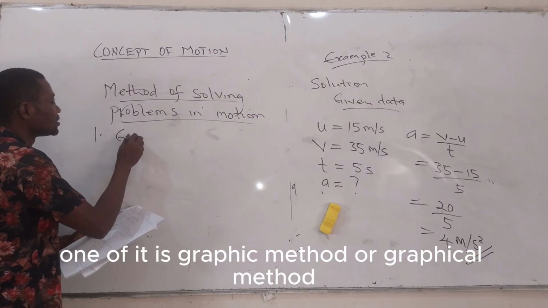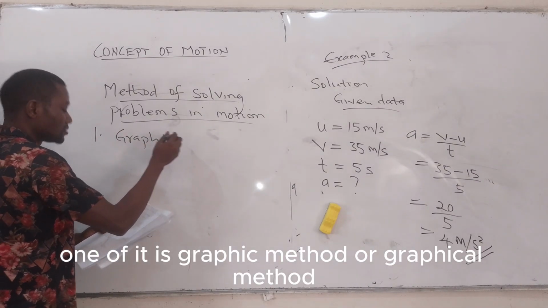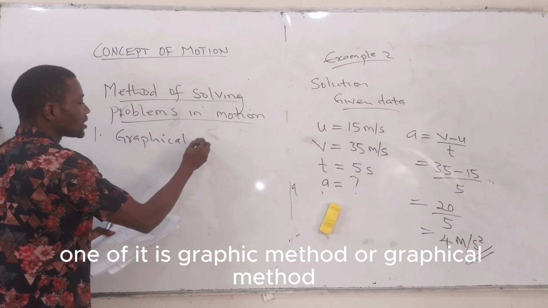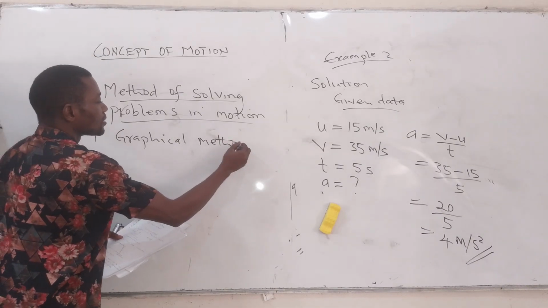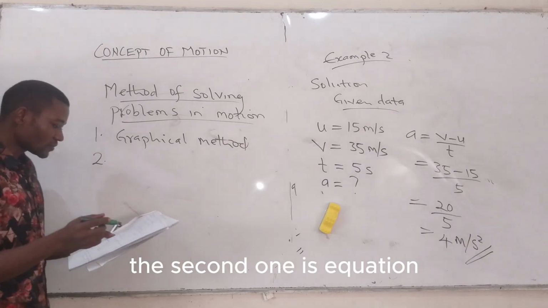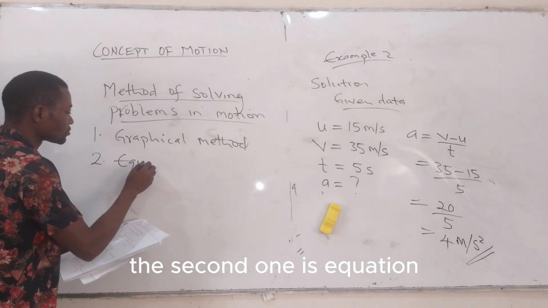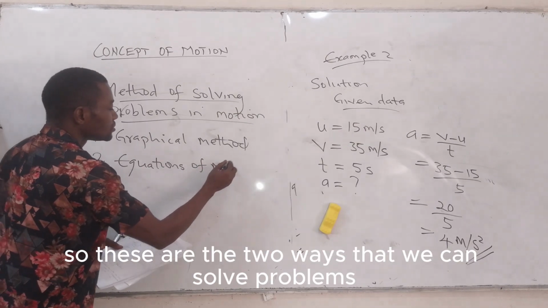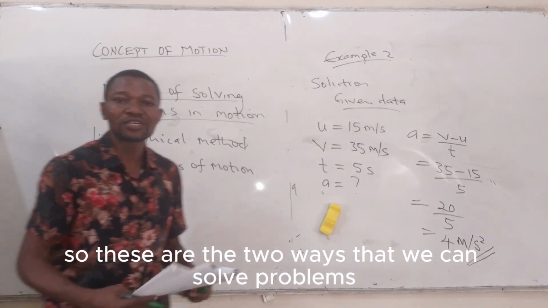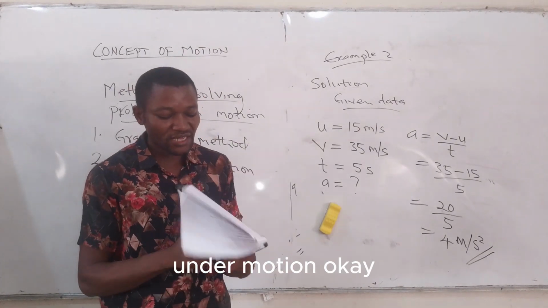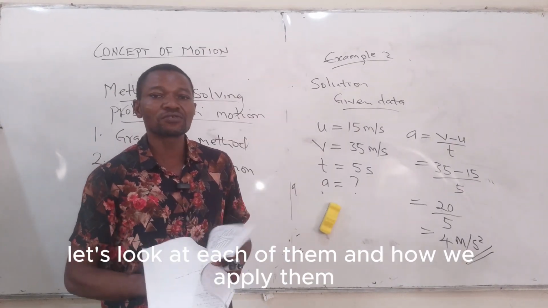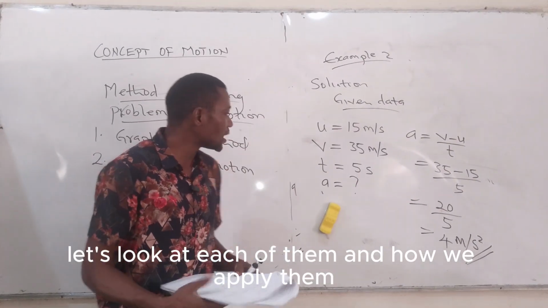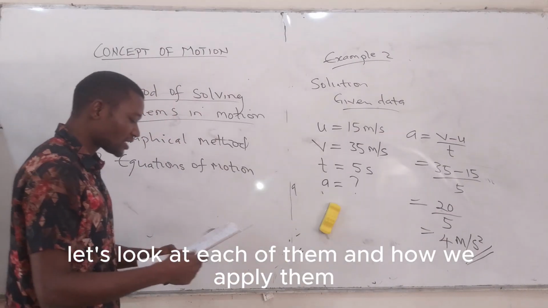One of them is the graphic or graphical method. The second one is through the use of equations of motion. So these are the two ways that we can solve problems under motion. Okay, let's look at each of them and how we apply them.